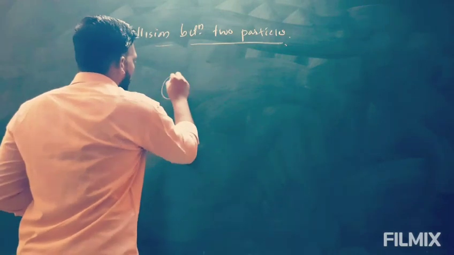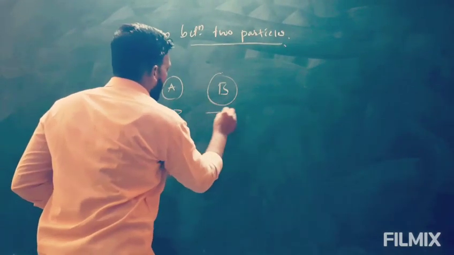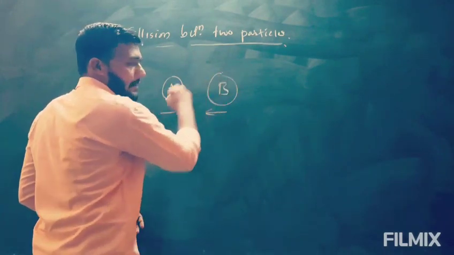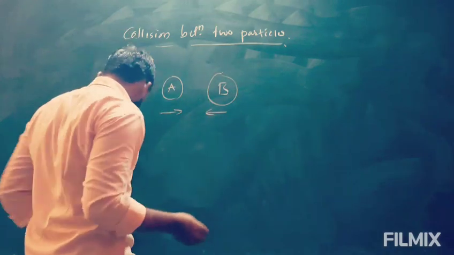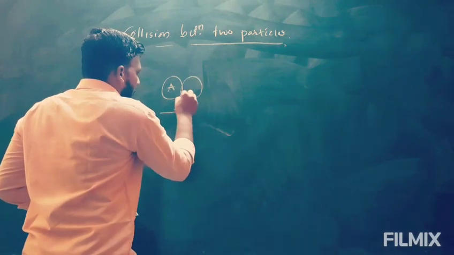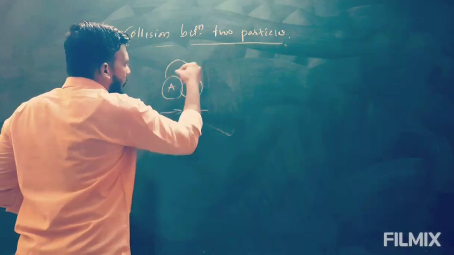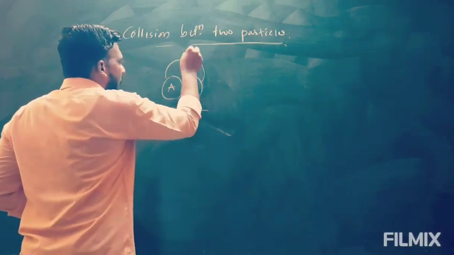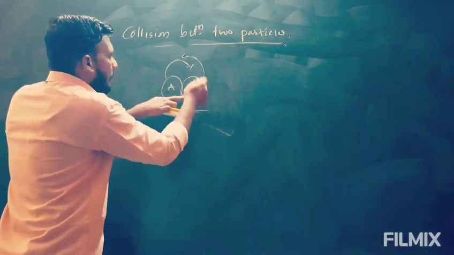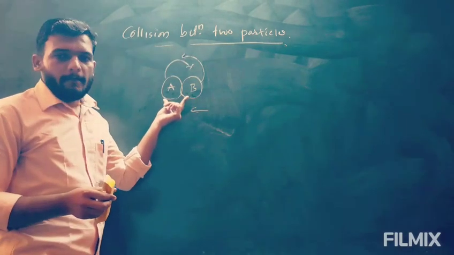For example, consider two bodies A and B moving in opposite directions. When they collide, the force of A acts on B and the force of B acts on A.